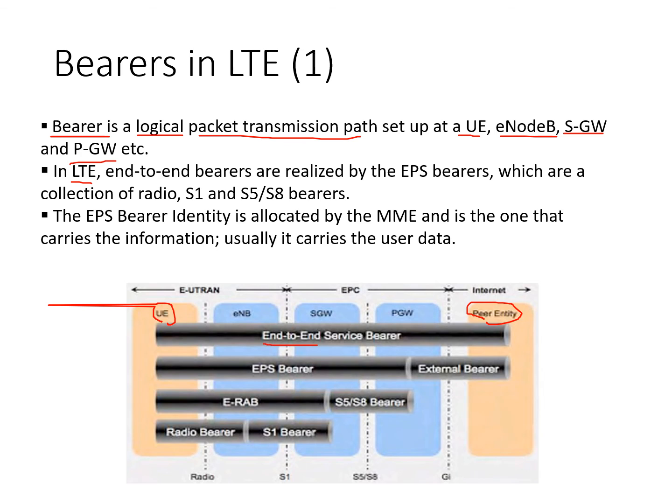This is the end-to-end service bearer defined. We define this as end-to-end service bearer. End-to-end service bearer can be divided into two bearers. EPS bearer from here to here, from UE to PDN gateway. And here to here is external bearer.